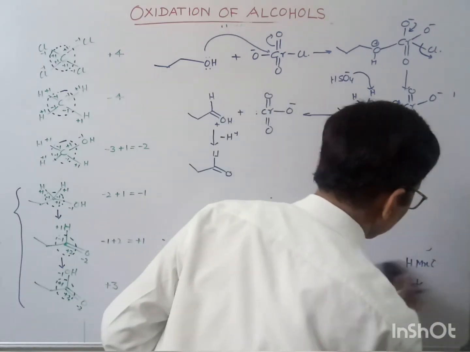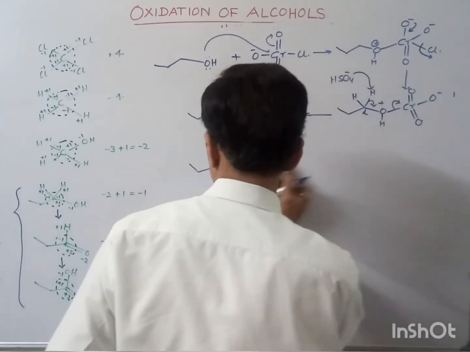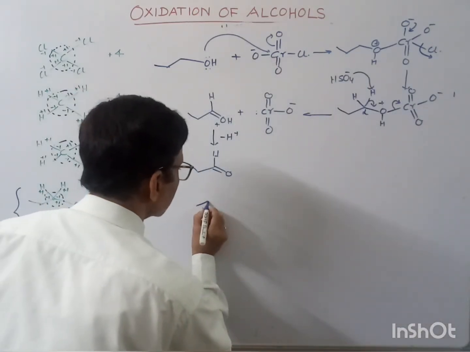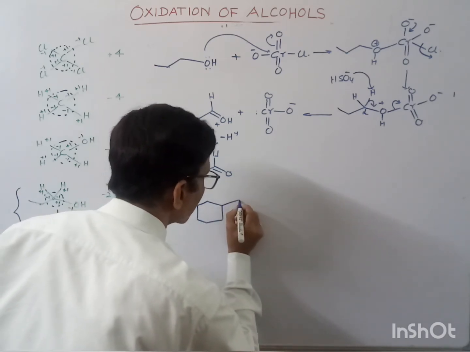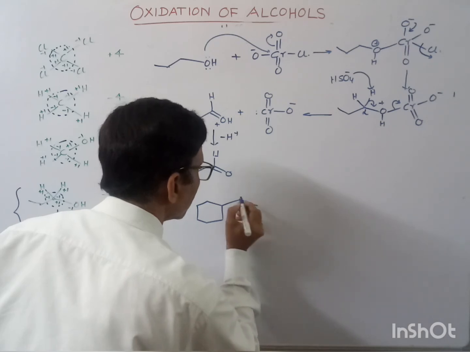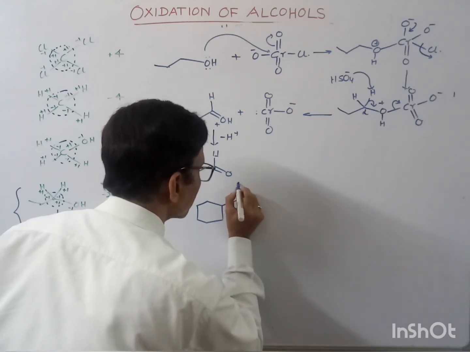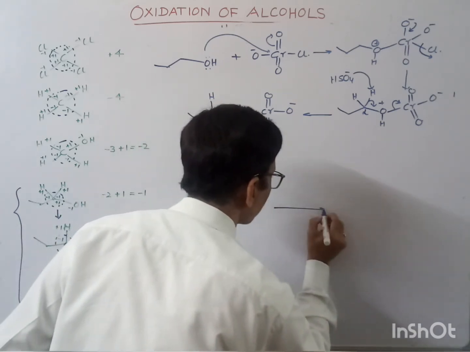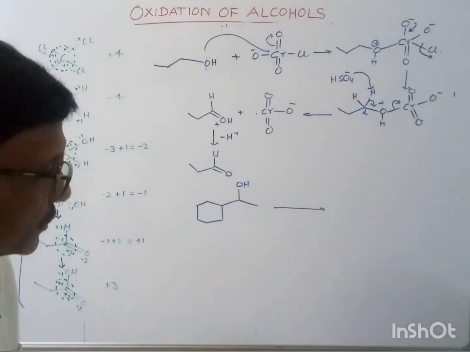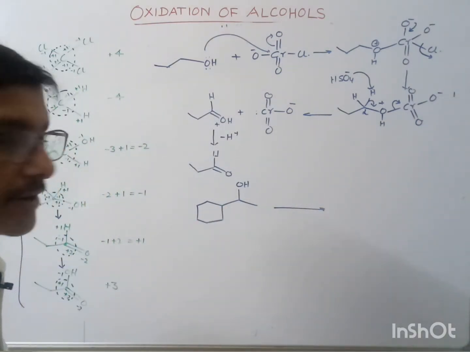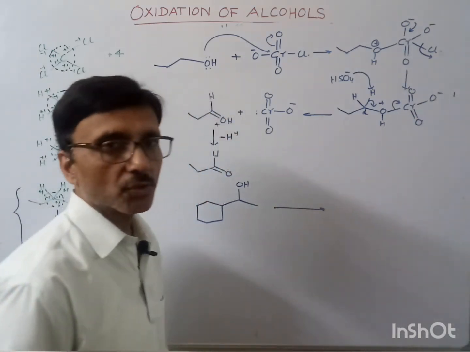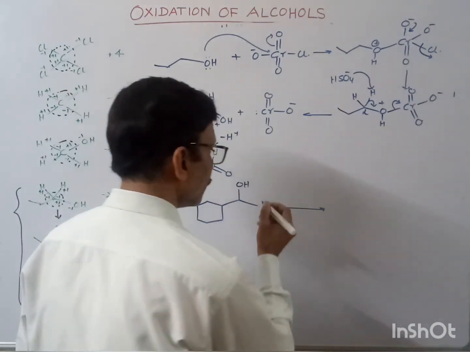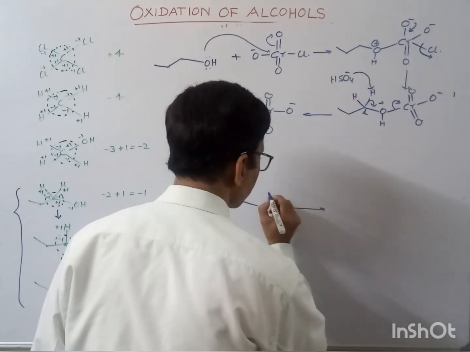And suppose we have, so what would be the oxidation, we may easily see. In this case, this is a secondary alcohol. This may undergo oxidation either in presence of a weak oxidizing agent or a strong oxidizing agent.